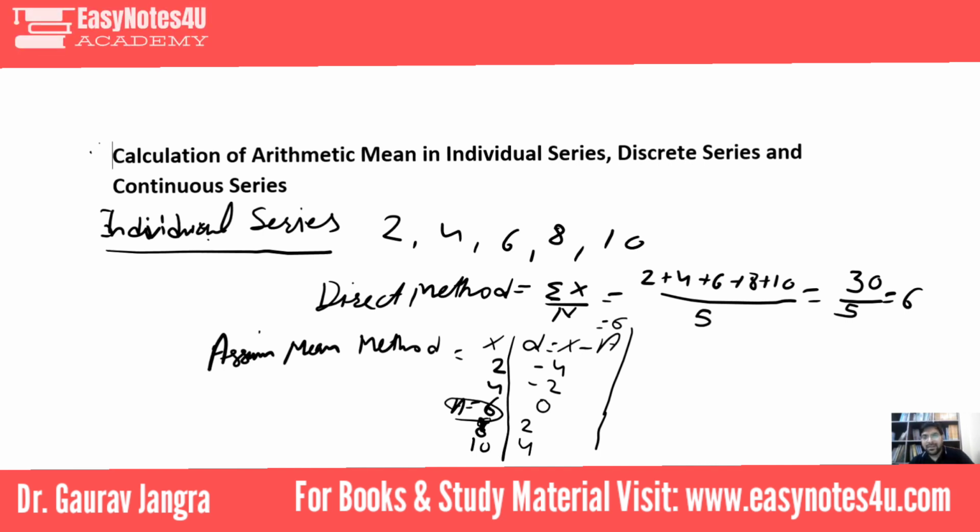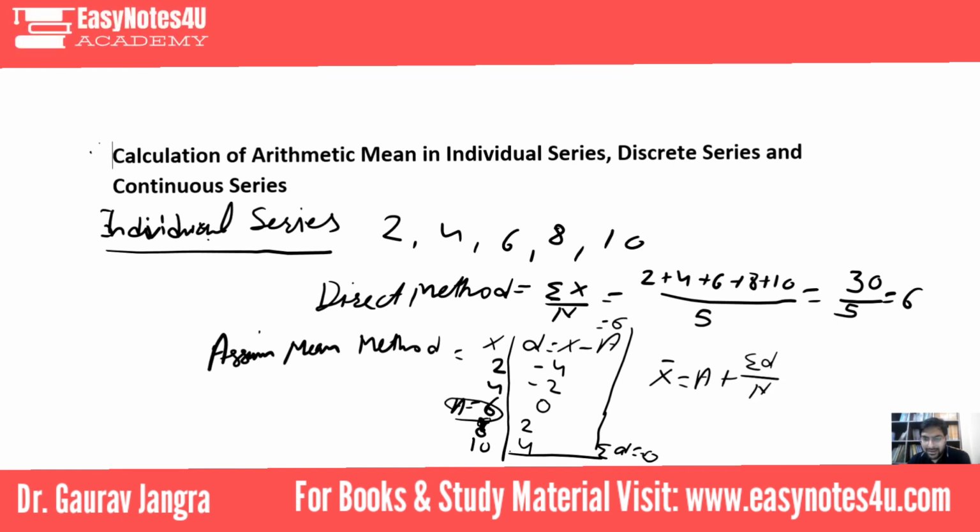When you calculate it, the total of summation d will be 0. And the formula to calculate the mean from the assumed mean method is a plus summation d divided by n.